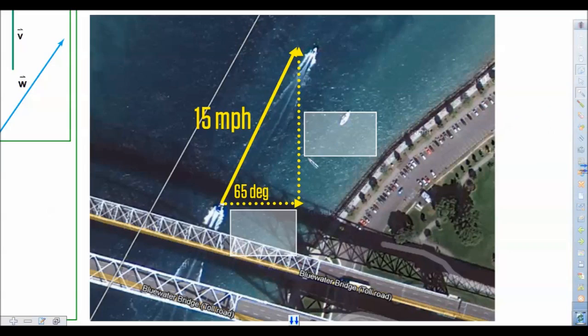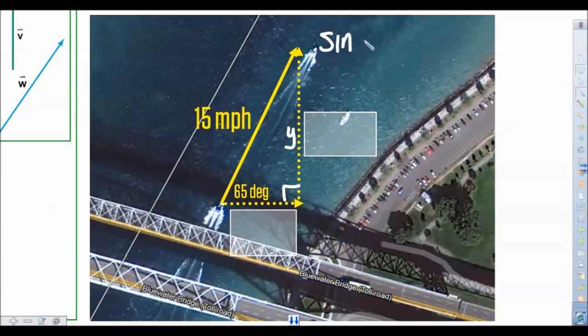We do know that the boat was traveling at 15 miles an hour. Its direction, its bearing, was 65 degrees north of east. So if we're trying to calculate this, there's a real big point to all this: we just made a right triangle. So we can use SOHCAHTOA here to find these components. If we're trying to figure out this side here, which maybe we can just call y, then the relationship between the 65, the y, and the 15, you got it, is sine.